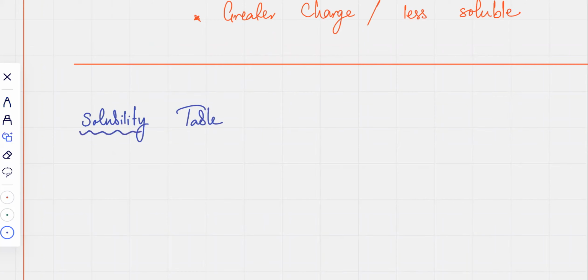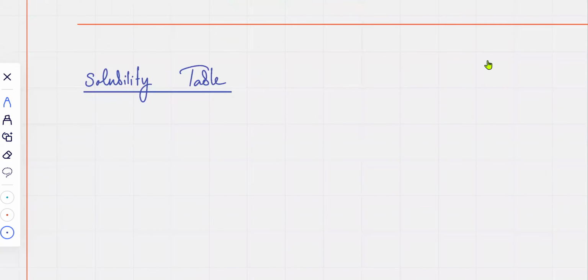The first thing is anything that's group 1. I told you that lesser charge means it's more soluble. So group 1 has +1 charge, NH4 has +1 charge, NO3 has -1 charge, and anything that has H+1 in it, they're all soluble.